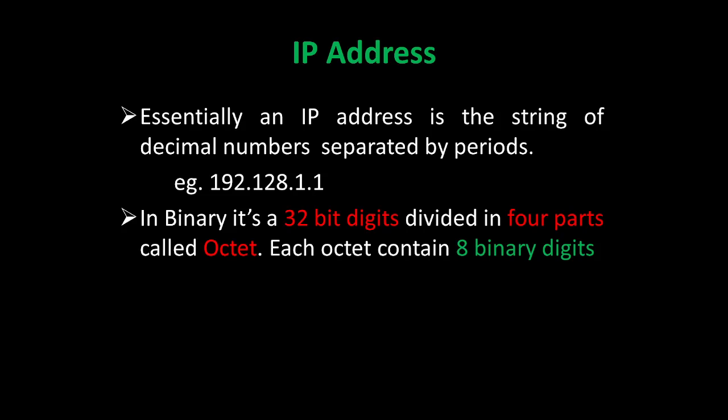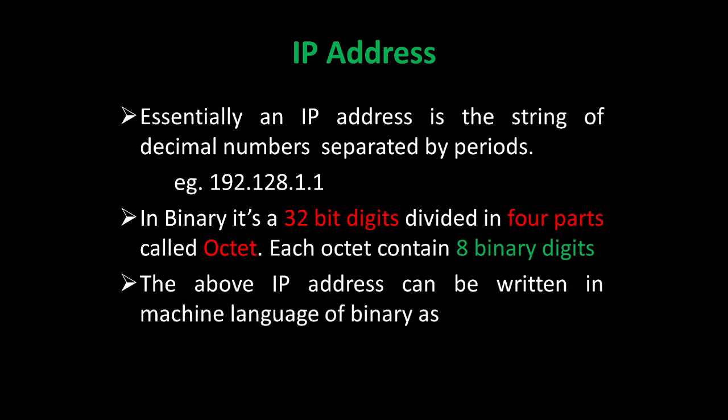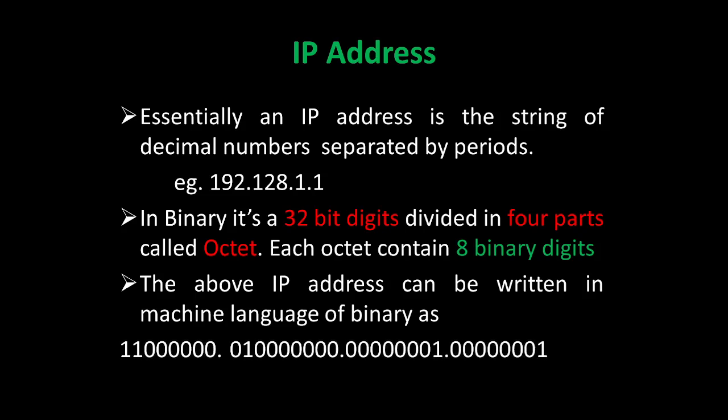Allow me to illustrate it this way. If you are to write that IP address, the one on top, in binary, the language that the machine will be able to understand, then that is how you will represent this IP address. This IP address is now represented in binary format. It has been converted from decimal to binary.